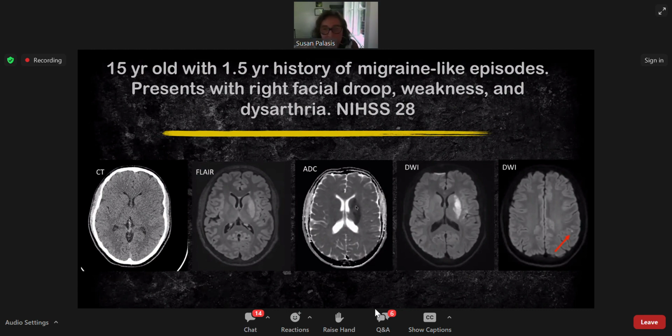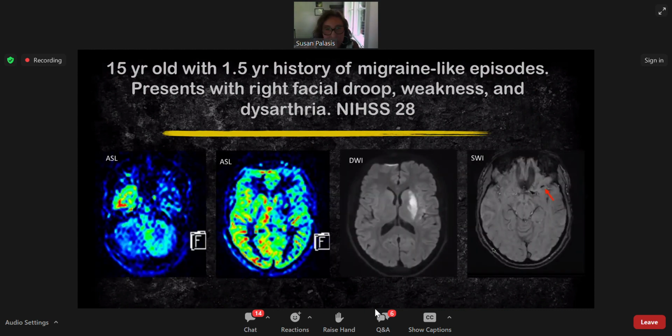And we can see on the MRI that we have this acute stroke in the region of the basal ganglia, with the corresponding FLAIR and diffusion restriction, and also some foci of diffusion restriction further out, suggesting that there's some sort of an embolic component going on here. We did our perfusion imaging, which shows the decreased perfusion in that left cerebral hemisphere.